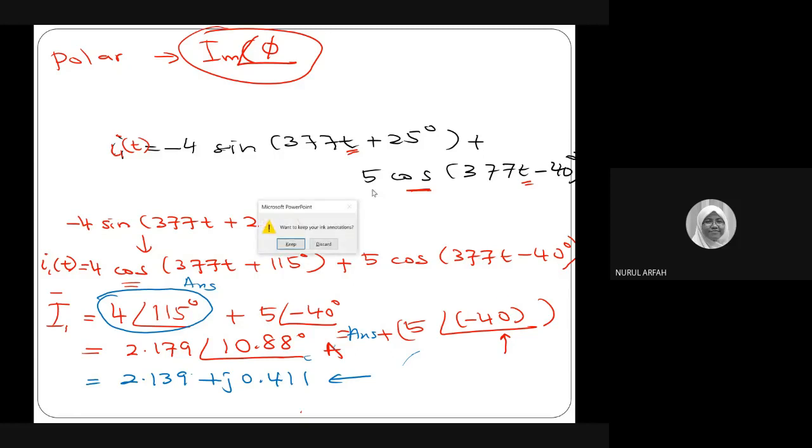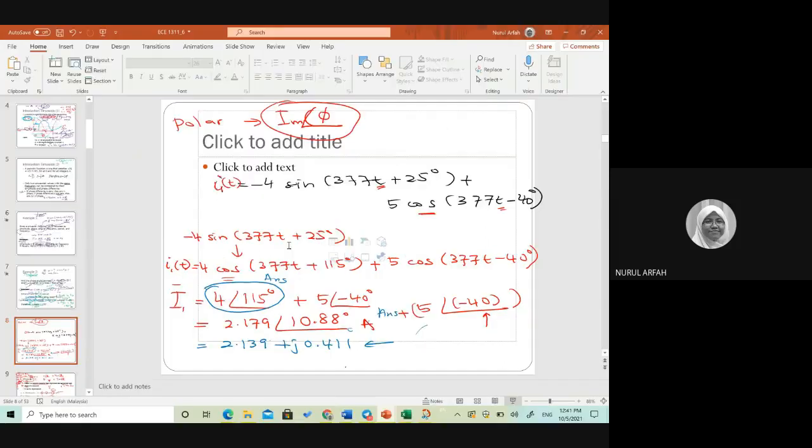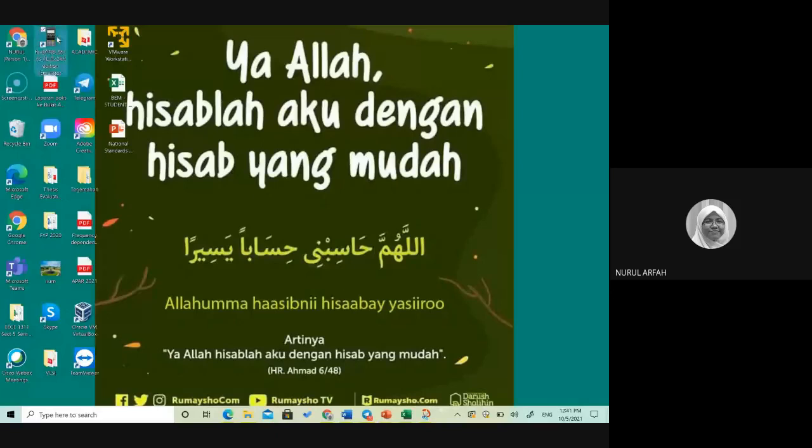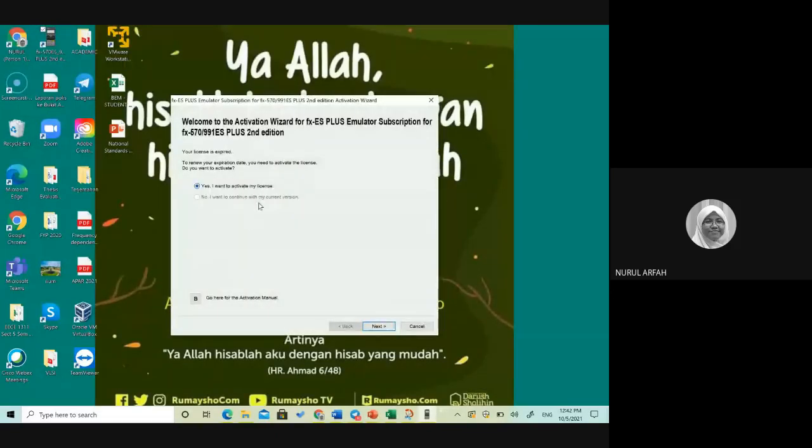Do I have the calculator here? One moment. I downloaded the calculator, but I need to renew the version. I want to activate my license.